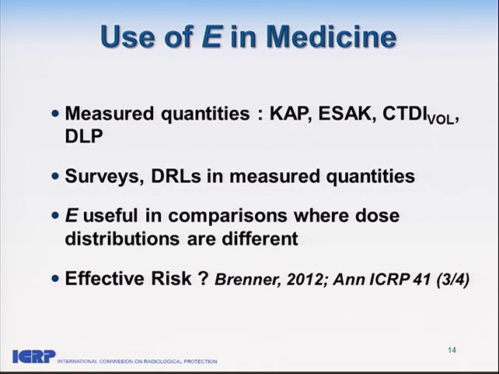So for the use of X-rays in medical examinations, there are obviously a number of measured quantities according to the procedure, the examination, and it's clear that for many applications it will be the measured quantities that will be used directly for surveys, for the quantification of diagnostic reference levels and so on.